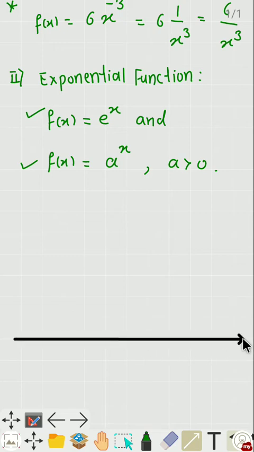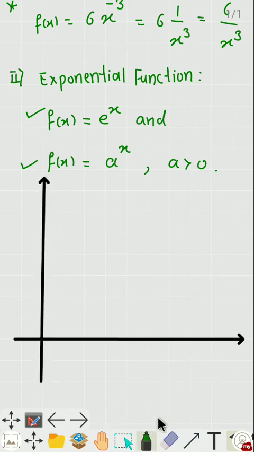This is the x-axis, and this is the y-axis, both perpendicular to each other. This is the origin. Now I want to draw the graph of the exponential function y equal to e raised to the power x, and the graph is like this.